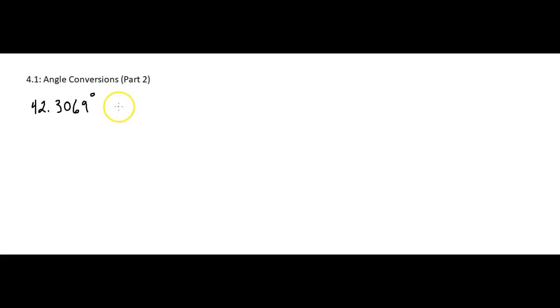I'm going to make this into an angle that is in degrees, so the full number of degrees, and the rest will be the minutes, and we need seconds as well. So this part here, the degrees, is always the value before the decimal because it's the full number of degrees.